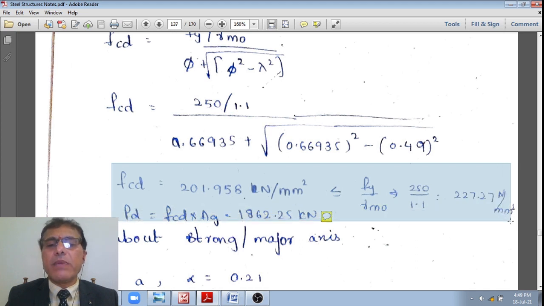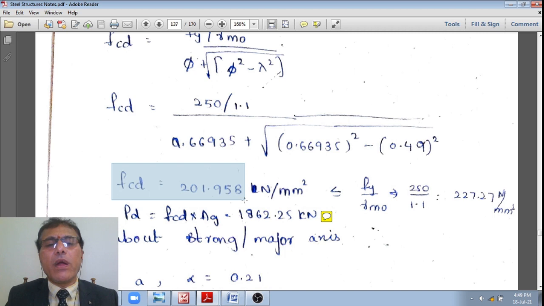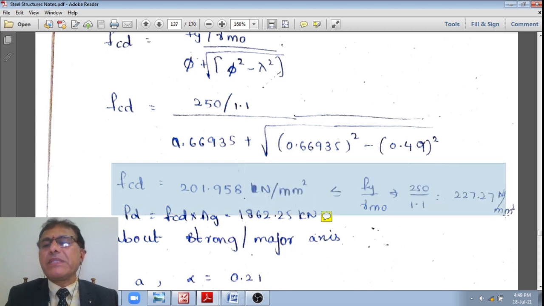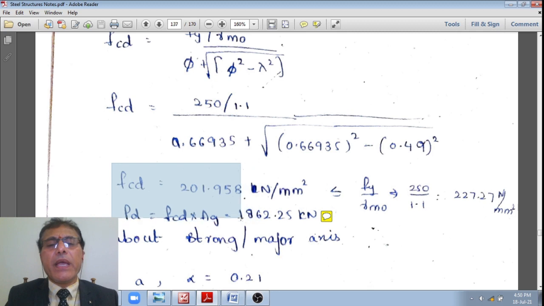But the code says that it should be less than or equal to Fy divided by gamma m0, 250 divided by 1.1 or 227.27 Newton per mm square. The value we got, 201.96, is much less than that permissible value. In any case, it cannot be greater than the upper bound, the upper limit equal to 227.27. Therefore, it is okay, and I can use this value.